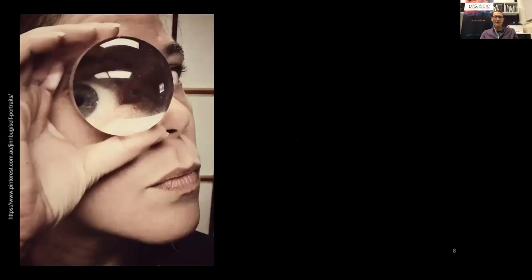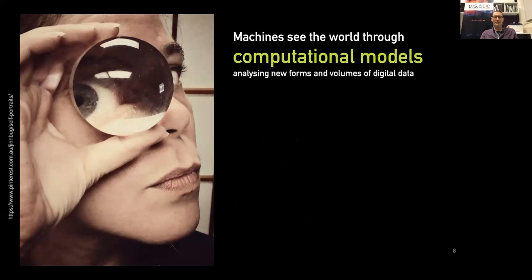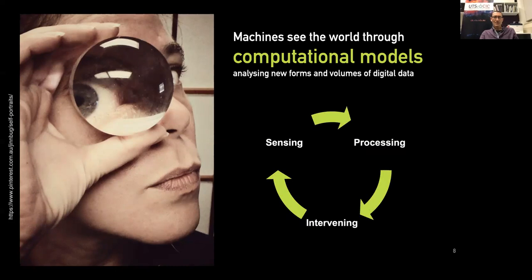If we're going to study the world through a computational lens, then we need to take some care. Machines see the world through models. And the model is a distorting lens. We're taking data, we are processing this, and then we're taking action on it in some way.